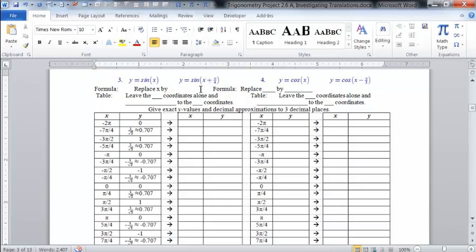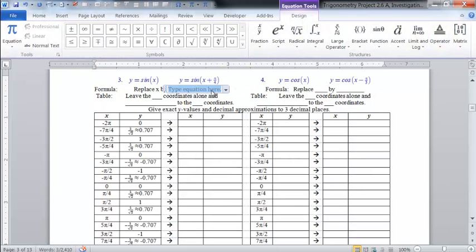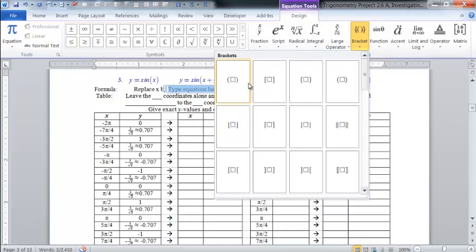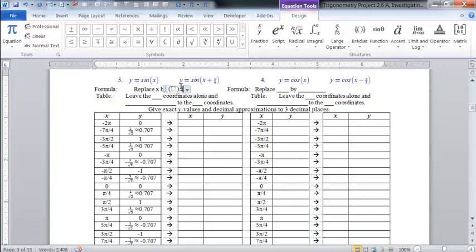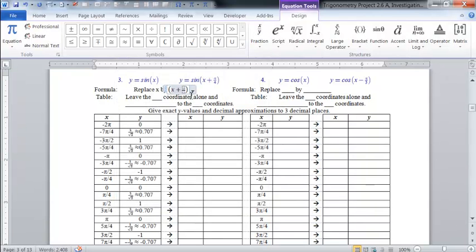Okay, now I can do this a couple ways, but let's say I go to insert an equation and I want a set of parentheses. I go here and say parentheses x, whoops, the x needs to be inside the parentheses, x plus, now we want a fraction. Let's do a small fraction like this, and the top is pi.